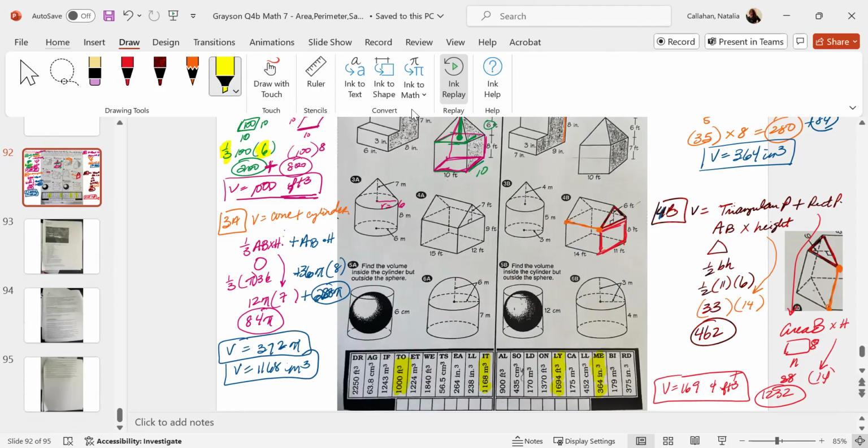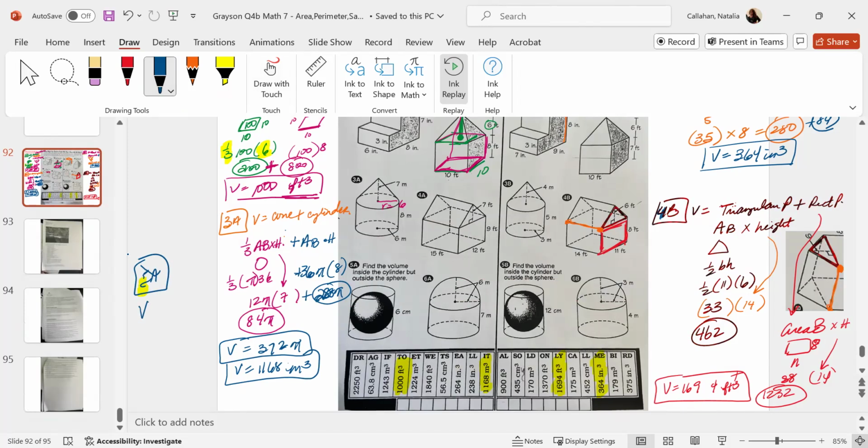I'm going to have you finish the rest of these. Do you see 5A right here? Let me help you with this. For 5A, you find the volume of the cylinder minus the volume of the sphere.